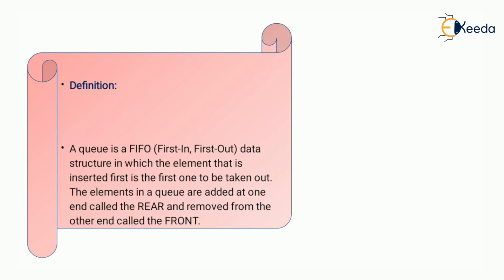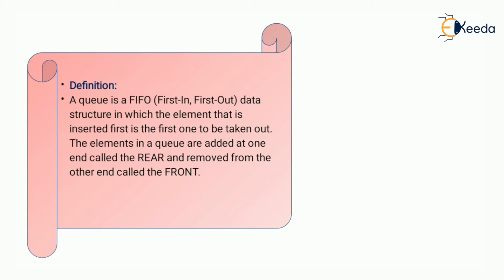We are using different data structures to store data in memory, because the aim of a data structure is, first of all, to store the data in the memory. For that we use different data structures.